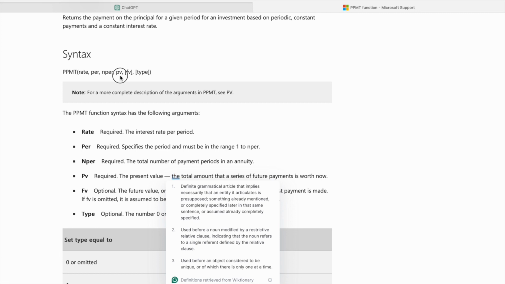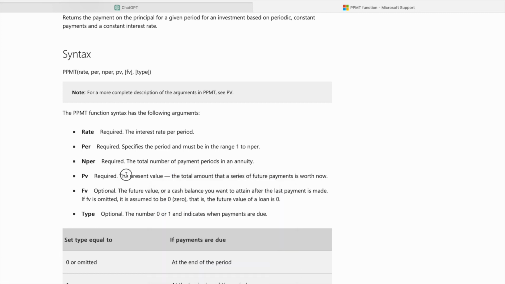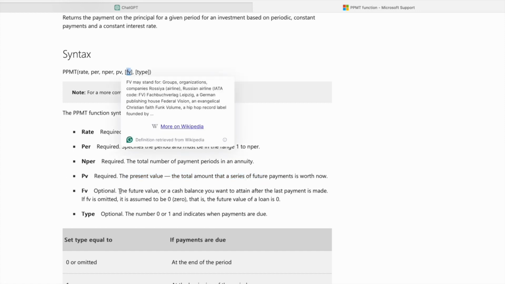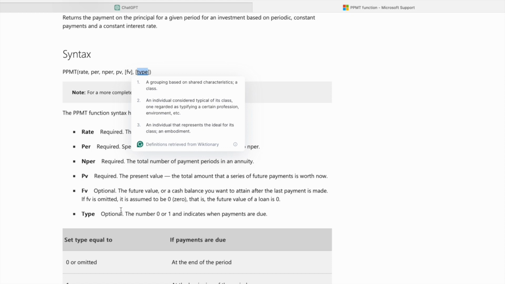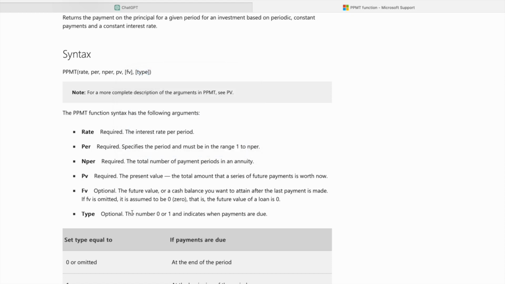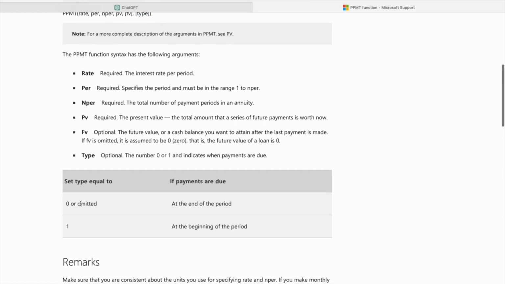Then we have PV, which is present value, the total amount that a series of future payments is worth now. Then we have FV, which is the future value. Then we have type, which is optional, 0 or 1. 0 means at the end of the period, 1 means at the beginning of the period.